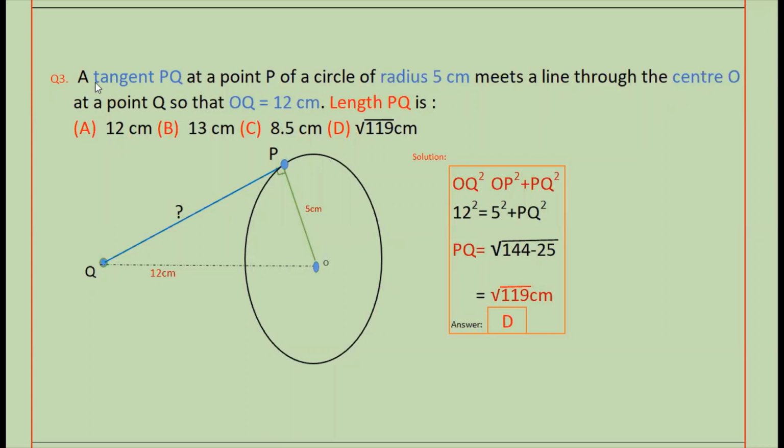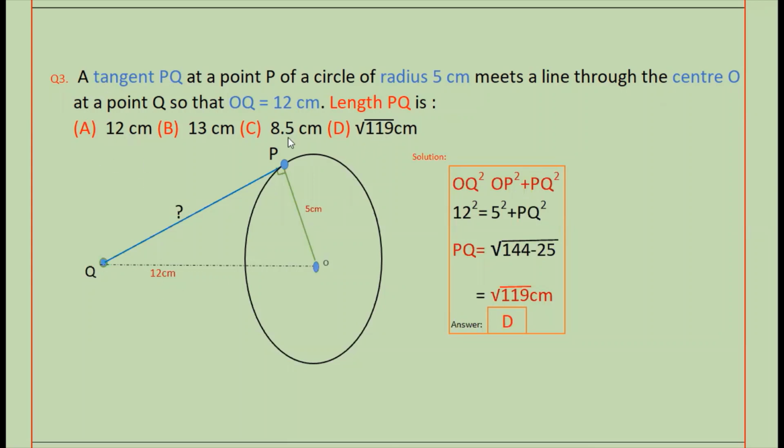This is the third problem. A tangent PQ at a point P of a circle of radius 5 centimeters meets a line through the center O at a point Q, so that OQ is equal to 12 centimeters. The length of PQ is, here some options are given, we have to find which option is correct.